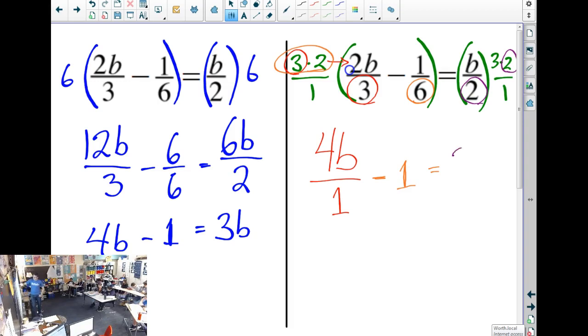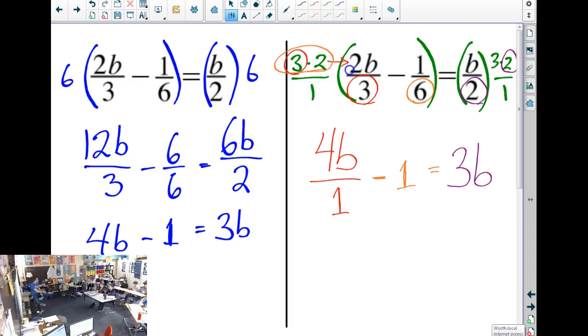Now guys, for a while, it might be easiest for you to take the method on the left side because there's no special circumstances happening on the left side. I decide, what should I multiply by? And you could have multiplied by 18. Those of you who said 18.